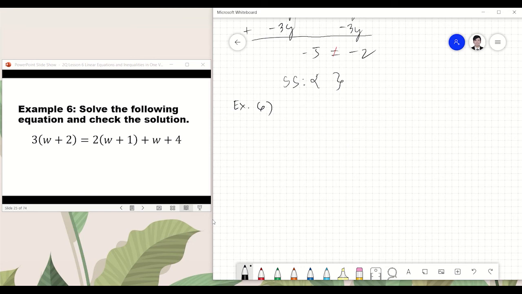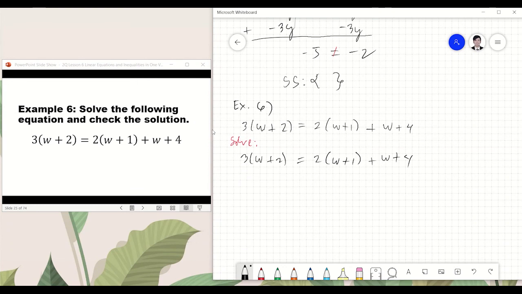Same instruction, but the given is 3 times the quantity of w plus 2 is equal to 2 times the quantity of w plus 1 plus w plus 4. So, yung unang gagawin natin, similar to example 5, we need to simplify first each side of our equation.